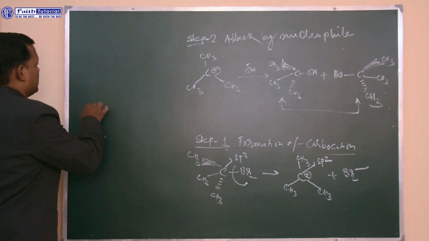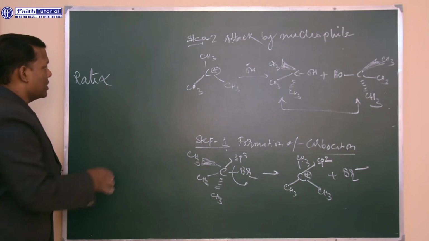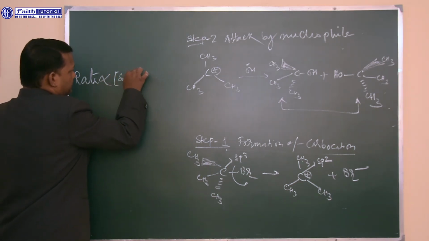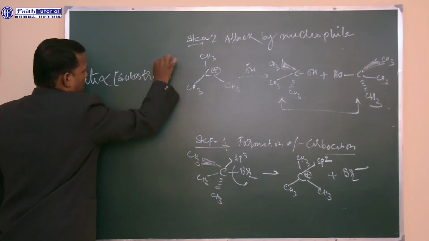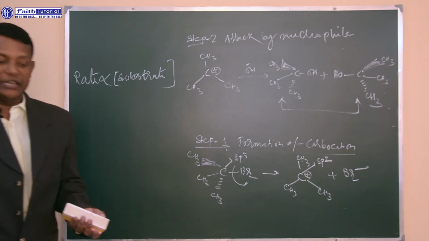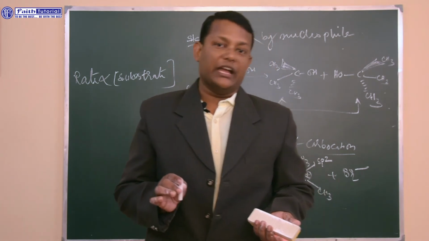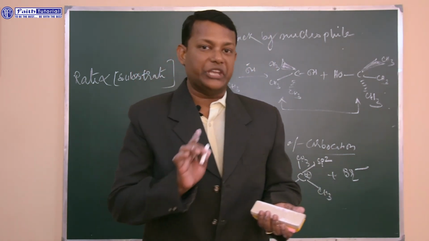Now, the rate of this chemical reaction is directly proportional to the concentration of substrate only. Why? When a chemical reaction takes place in several steps, the slowest step of the reaction is considered the rate determining step.